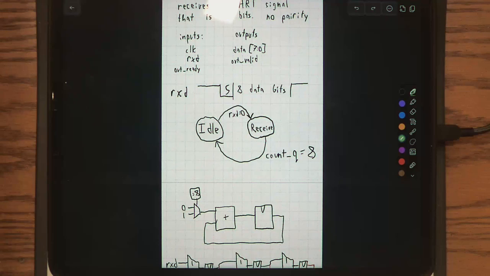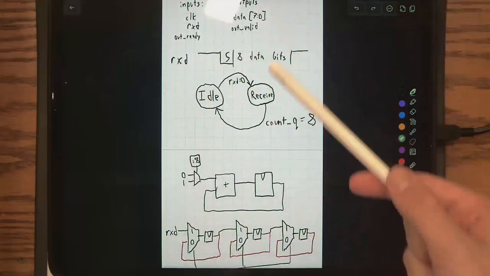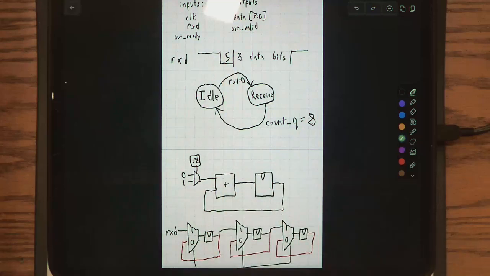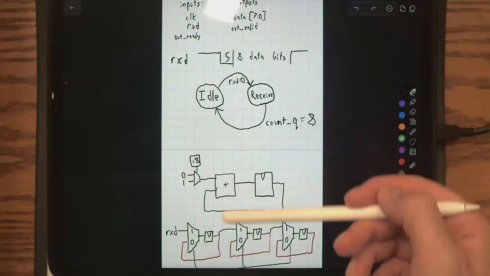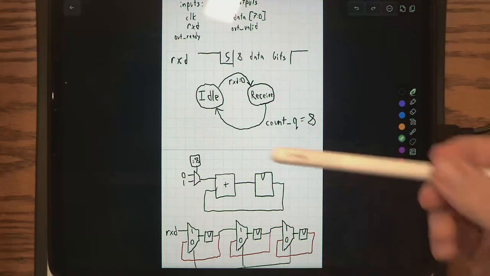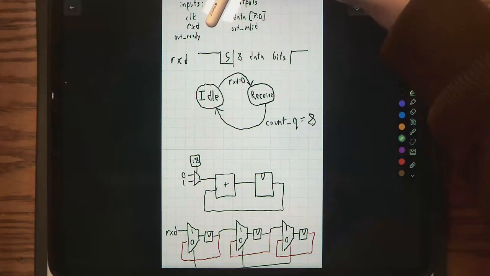We can't just send out that data immediately, because the thing we're sending it to wasn't ready to receive it. So we are not quite done with this because we have this out ready input. We need to make sure our circuit doesn't move on too quickly, and that we are outputting the correct value until finally the thing we're sending it to is ready to receive this output.